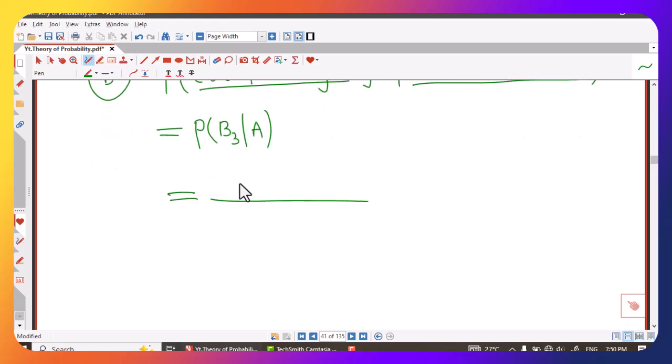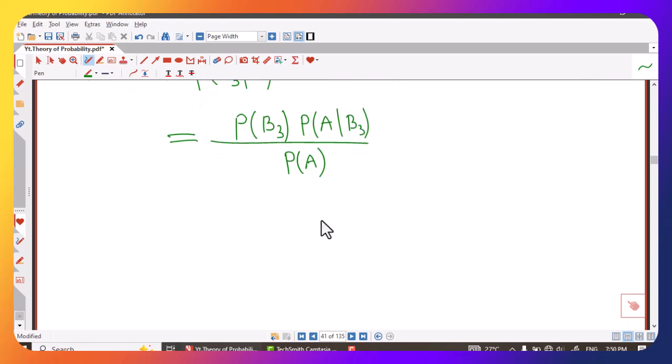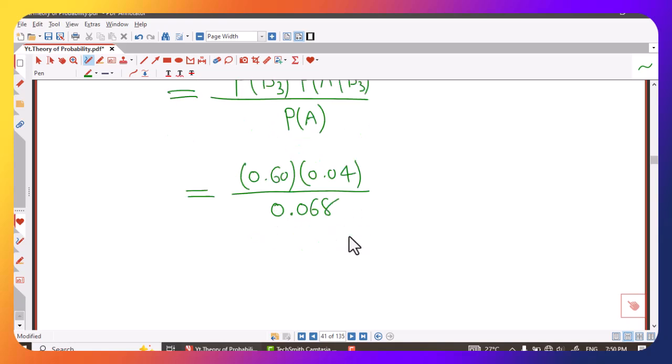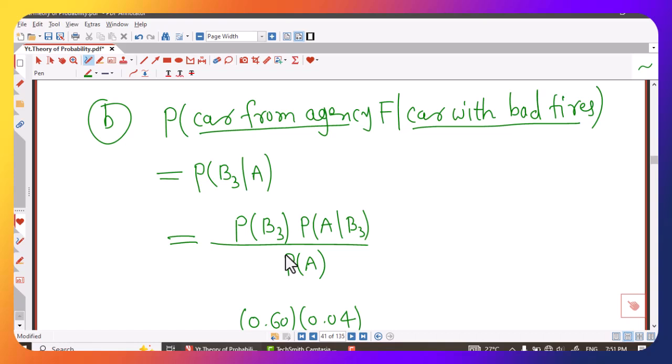This is equal to, by Bayes theorem, the probability of B3 times the probability of A given B3, divided by the probability of A. We have calculated the probability of A here, and I put its value, 0.068, the probability of B3 is 0.60, and this is 0.04, and this I find as 0.353 up to 3 decimal places. And here I have to mention that I have obtained this using Bayes theorem.